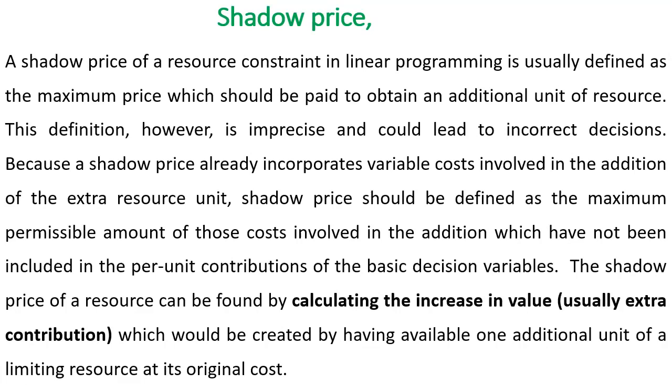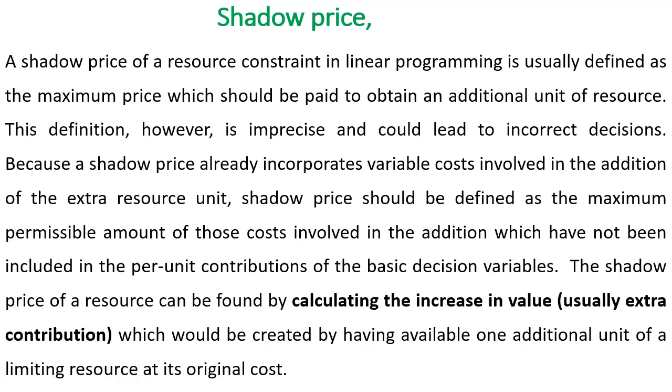So this idea violates our restrictions definition, and then we sometimes have to pay much to get the resources. This is also mentioned: the maximum price which should be paid to obtain an additional unit of resources is the shadow price.